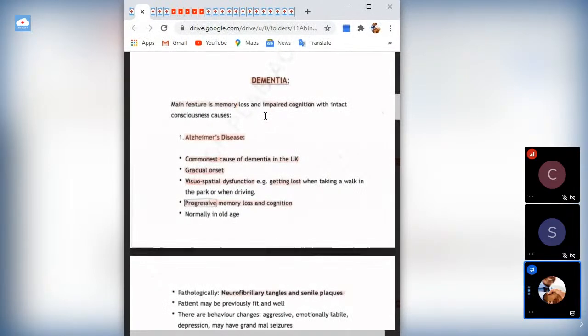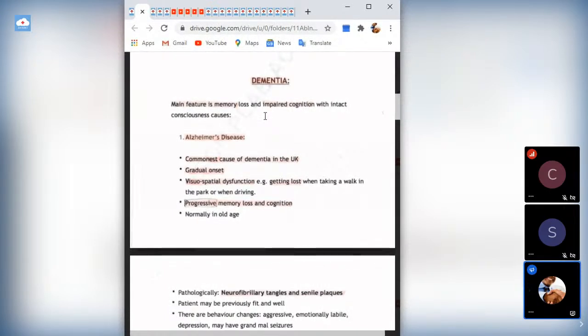You use the Glasgow Coma Scale to determine whether a patient is conscious, but the patient may be conscious but not cognitive enough. So you use the mini mental state examination to look out for cognition. Apart from consciousness, you also want to test for cognition. So dementia is actually talking about cognition.